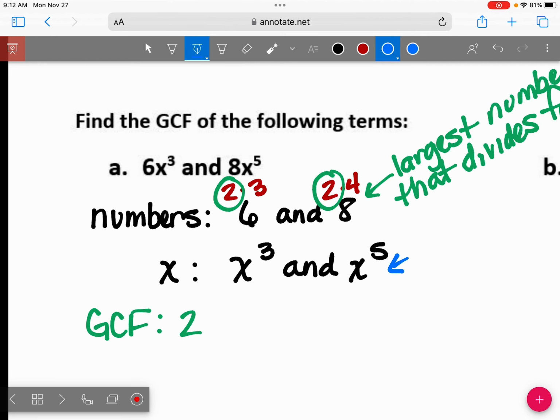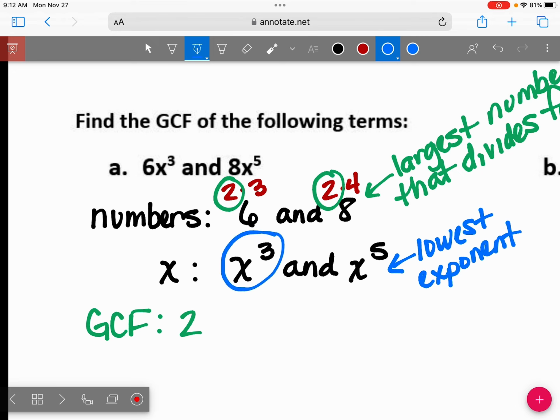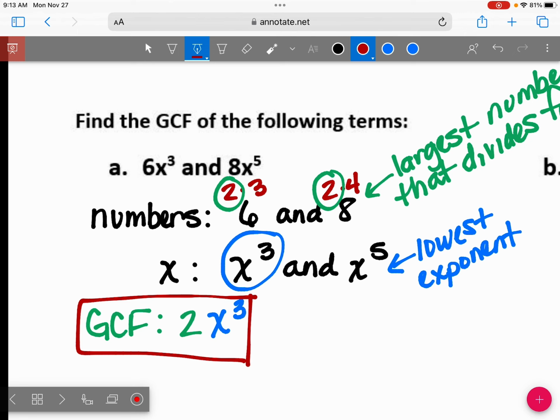So my lowest exponent is going to be my GCF. My lowest exponent is 3. This has the lowest exponent. So my GCF would be 2x cubed. That is my greatest common factor.